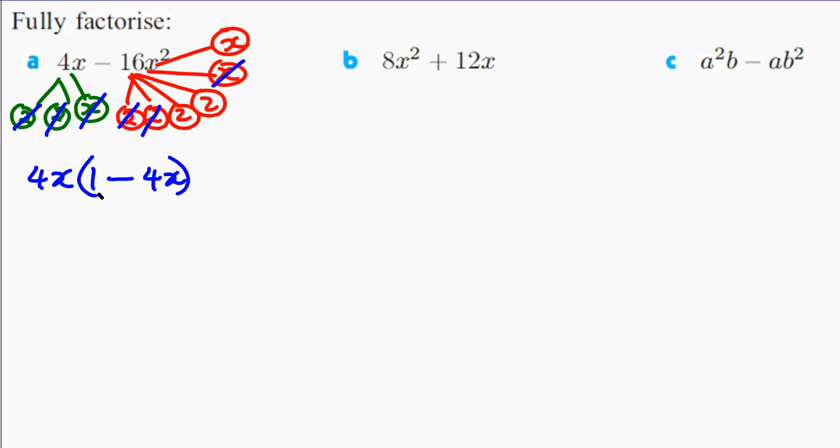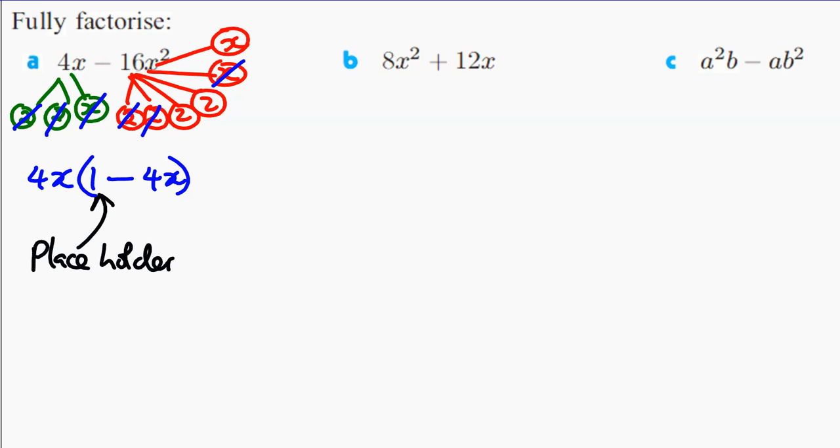Now this 1 here is what we call the placeholder. Because if I didn't write anything, then suppose I expanded this, I would not get back the original question. If I expand this, 4x multiplied by 1 is 4x, and 4x multiplied by 4x is 16x squared.